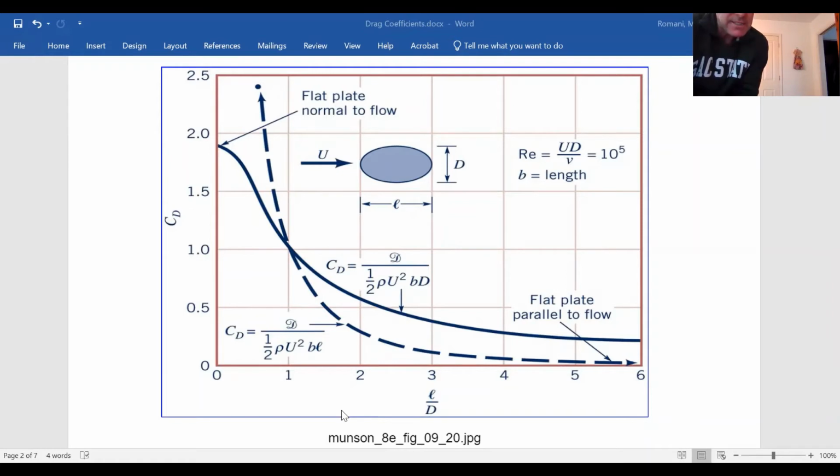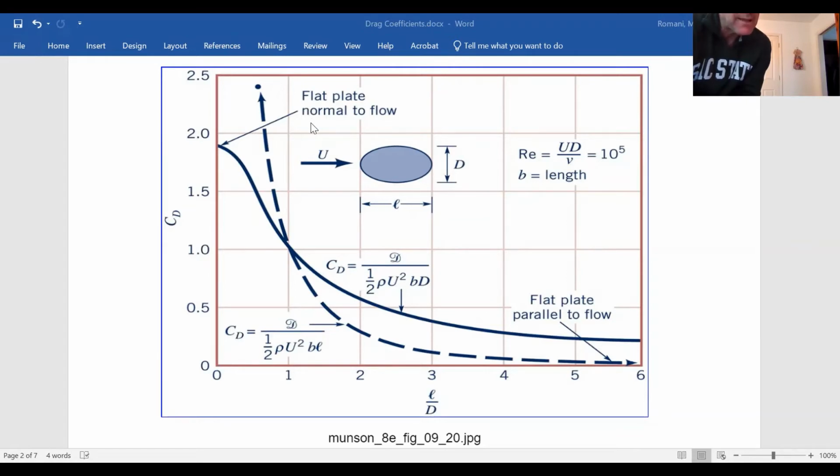The x-axis is the ratio of L over D. Secondly, the solid curve tells us that if L over D is 0, which is the particular case we're looking at, we get a flat plate normal to the flow. That would mean the surface of our plate is perpendicular to the flow.